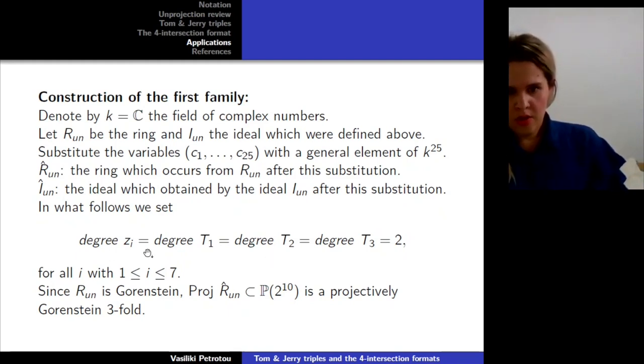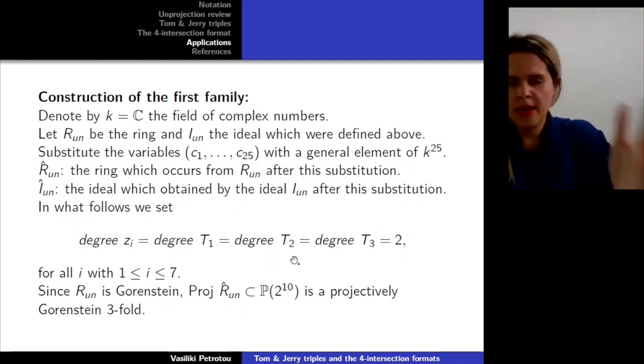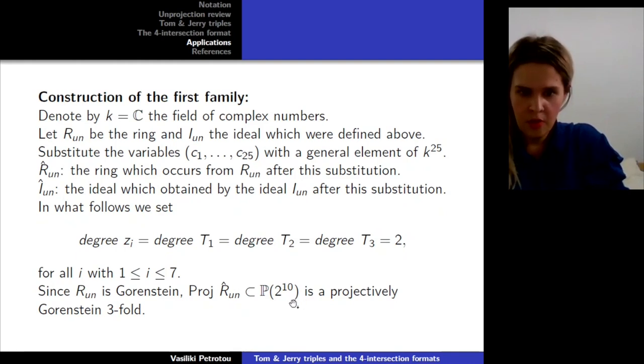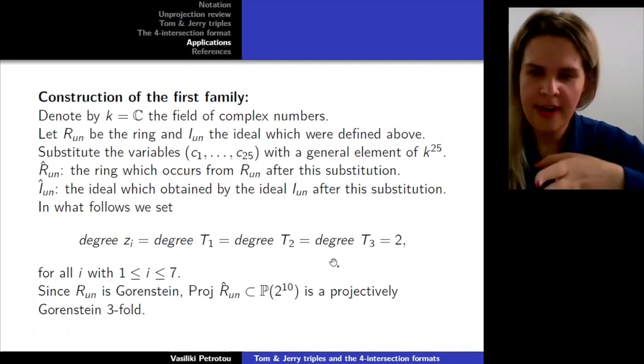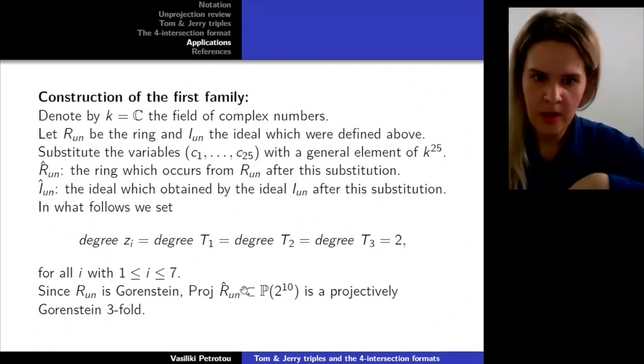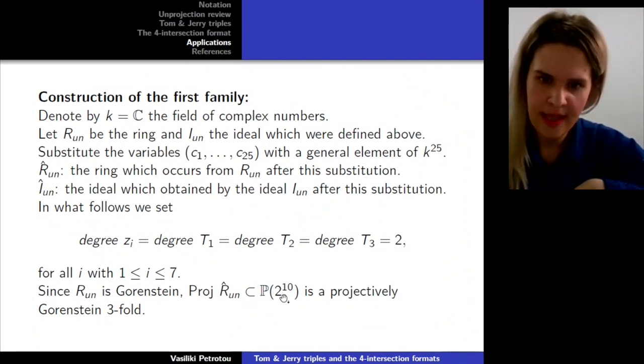So, putting these degrees on our variables, we have an object which leads to the weighted projective space P to 10. So, putting the variables to be of these degrees, we constructed an object which lives in this weighted projective space.